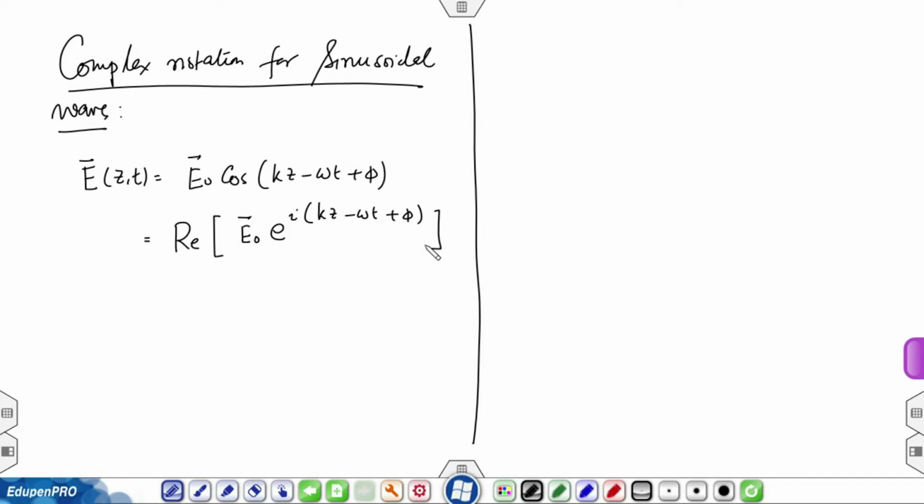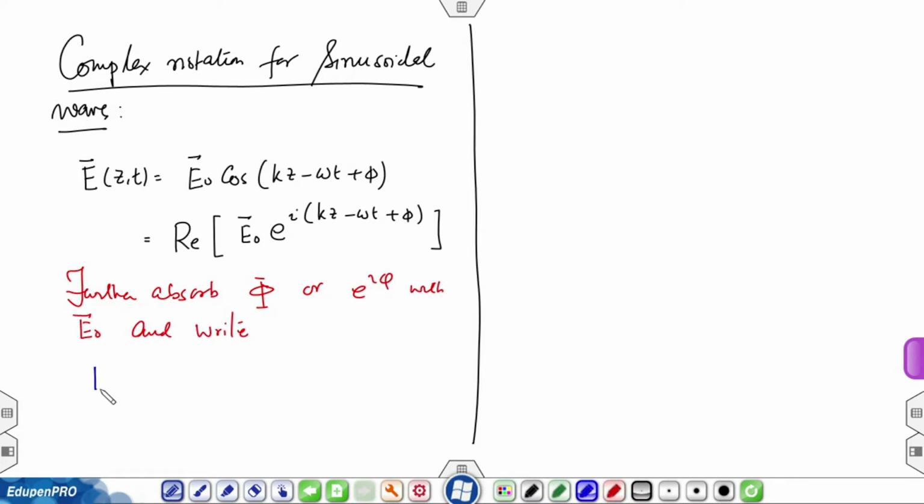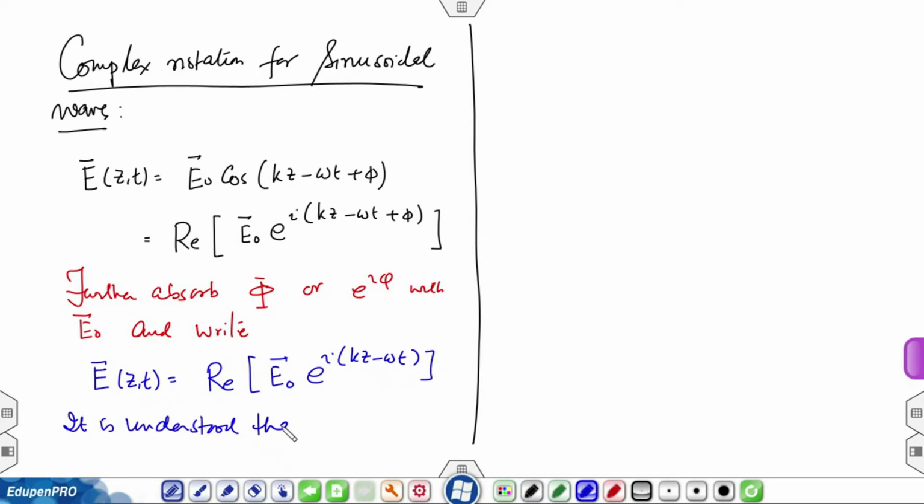I can further absorb phi, or e raised to i phi, with E 0 and write E(z,t) equals real part of E 0 e raised to i (k z minus omega t), and then it is understood that E 0 is complex because it has that e raised to i phi.